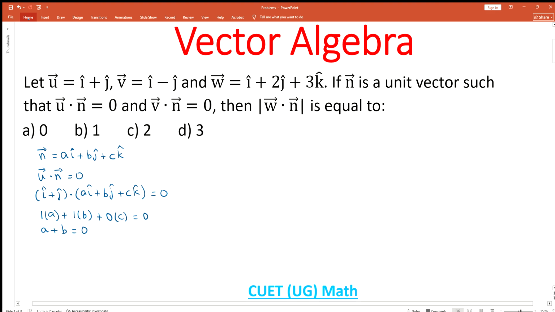We are also given in the problem that the dot product of vector v and vector n is equal to 0. We can calculate this dot product. Vector v is i minus j.